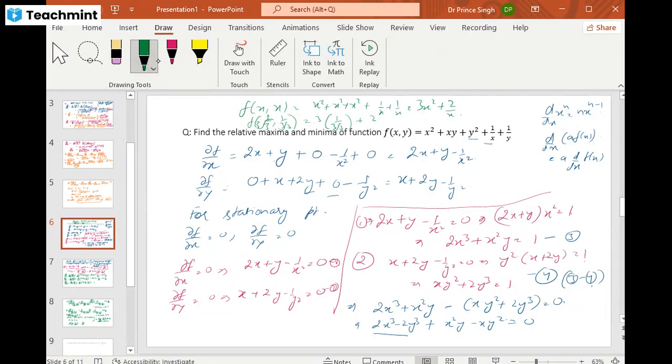So it is 2 times cube root of 3, and this is 3 raised to power 1 minus 1 by 3. This is 3 raised to power 2 by 3. It is 3 raised to power 2 by 3 plus 2 times 3 raised to power 1 by 3.